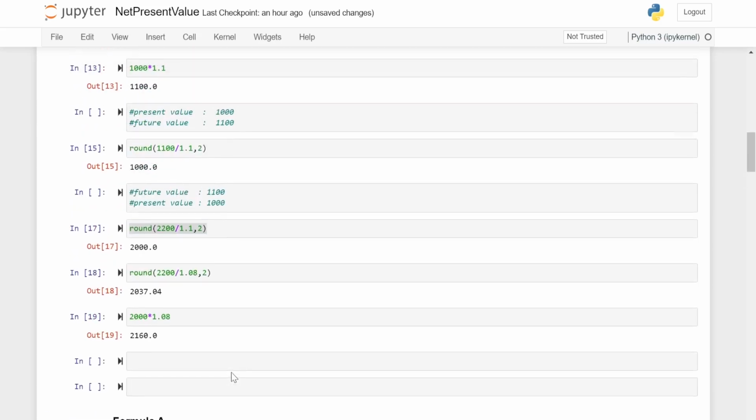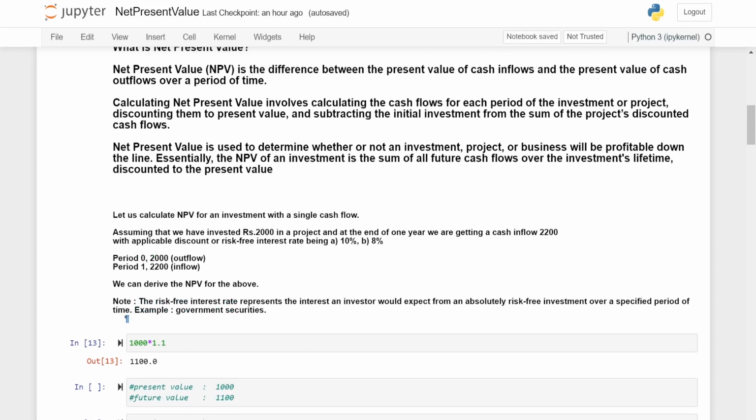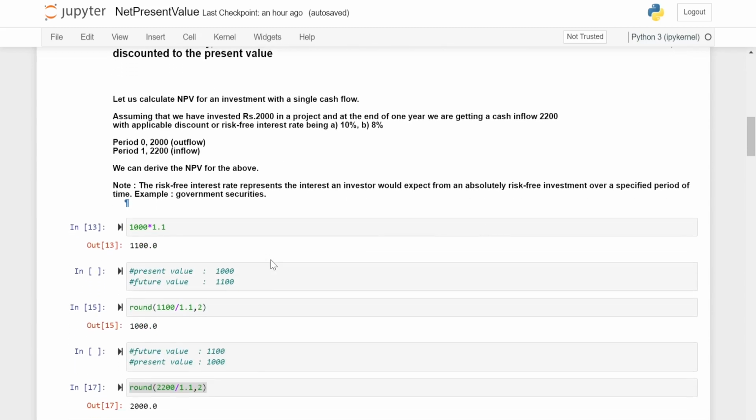See, to simplify things, we have taken this example where there is only one cash inflow and an investment of a certain amount, right? And period 0, period 1, period 2 means we can consider 0 to be the first year, 1 the second year, 2 the third year, and so on. Okay, so far so good. But you know what?